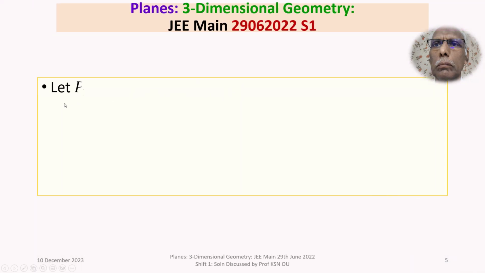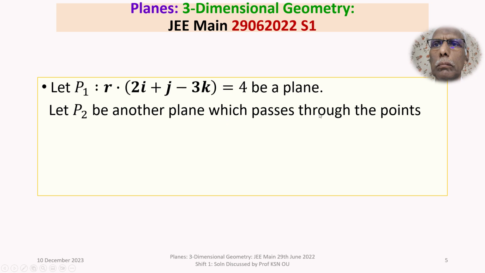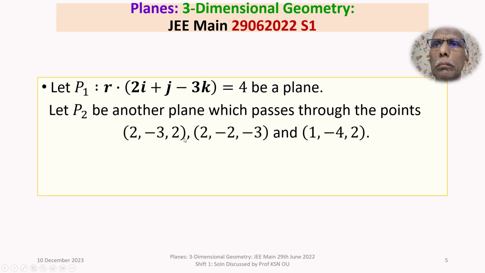The given question is: let P1, given by the vector r dot the vector 2i plus j minus 3k equal to 4, be a plane. Let P2 be another plane which passes through the points (2, -3, 2), (2, -2, -3) and (1, -4, 2).